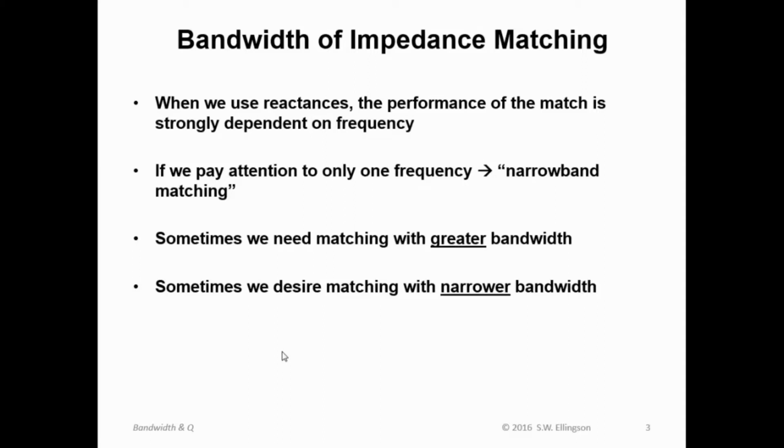Typically in filtering, we're not trying to do an impedance change and we're simply trying to set a bandwidth or a frequency response. We'll come back to filtering in a future lecture. Here, what we're trying to do is establish impedance matches and then, as needed, adjust their bandwidth to meet other requirements we may have.